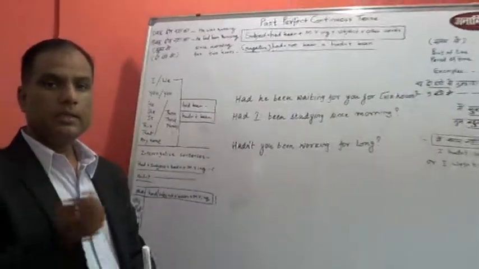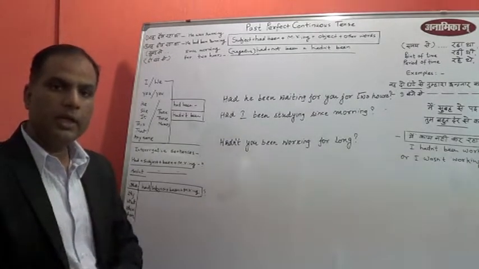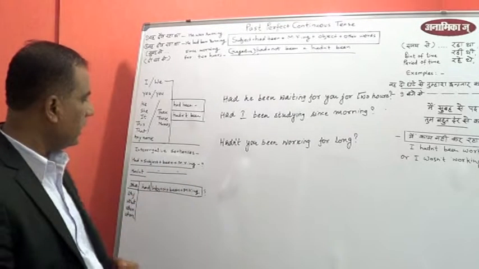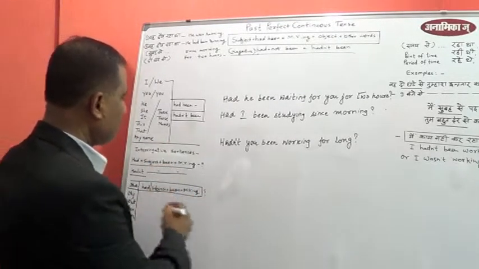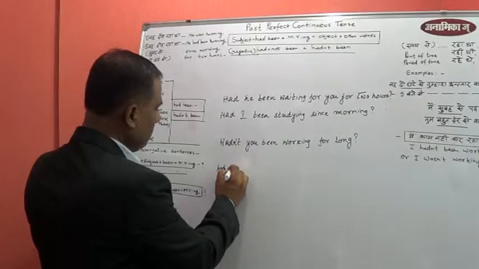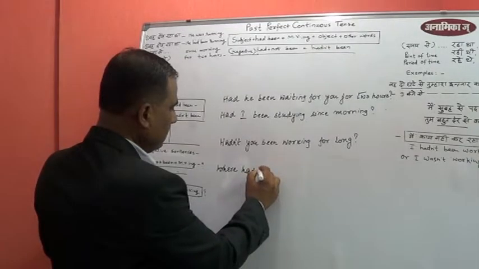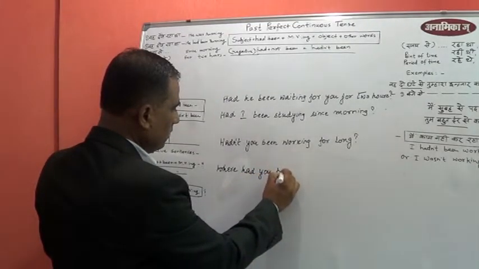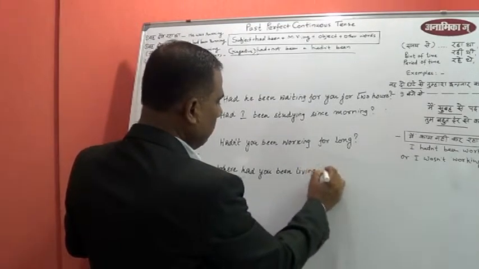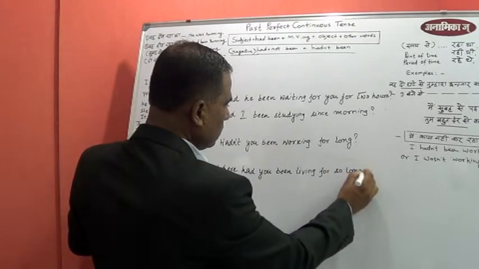अगर किसी से ये पूछना है कि तुम इतने समय से कहां रह रहे थे, we can ask it with the help of this structure. Where, kahan means where, had you been living for so long?